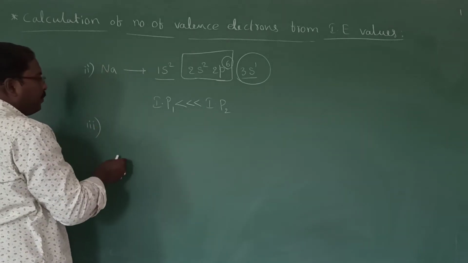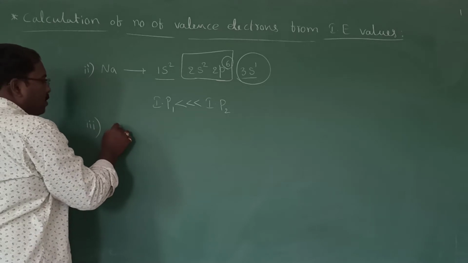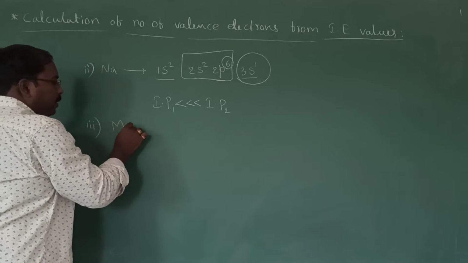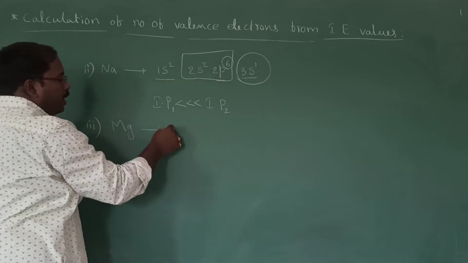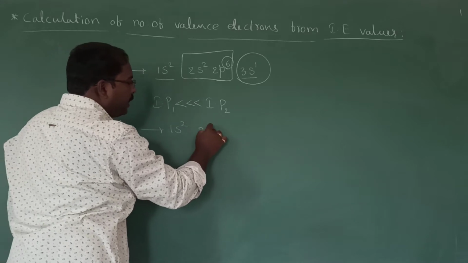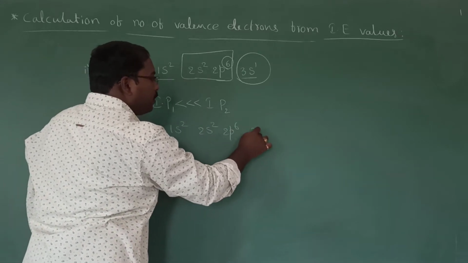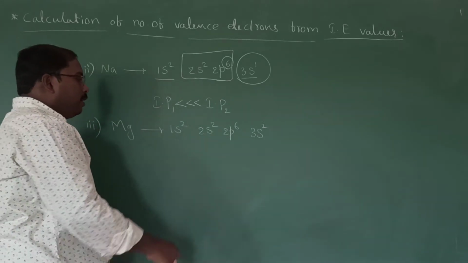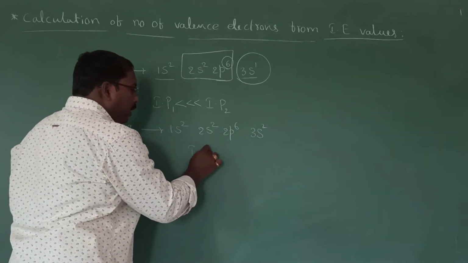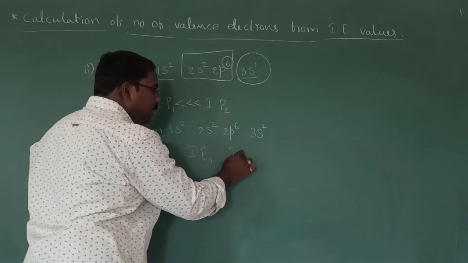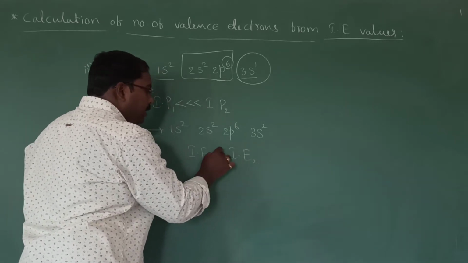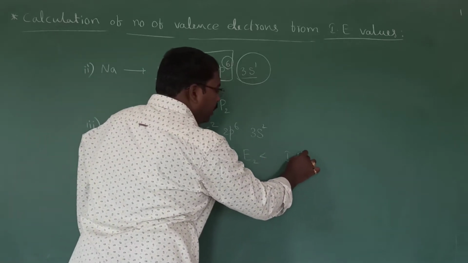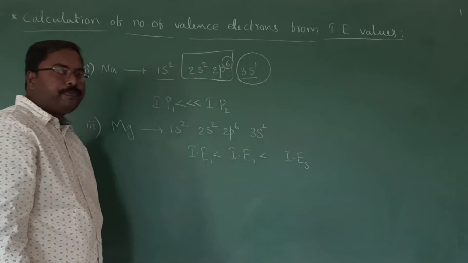Then answer this. Let us go with magnesium. As we have already seen sodium, if you observe magnesium, it has 3s2. Anyway, we know the first ionization energy is smaller than the second one, and the second one is smaller than the third one. Right?